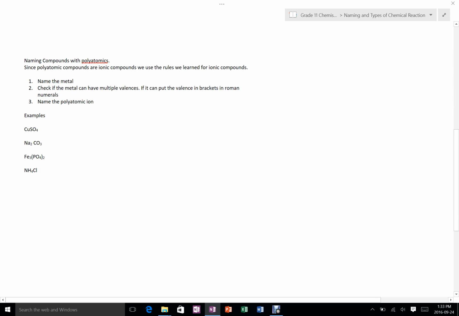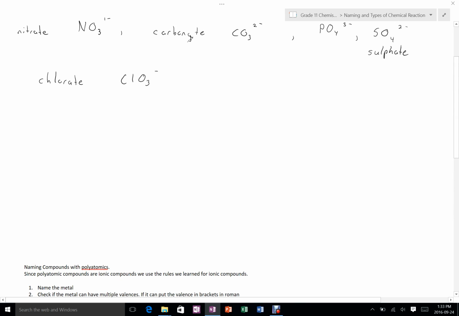Naming with polyatomics is essentially the same as naming for ionic compounds, except we're going to use the name of the polyatomic ion at the end of the compound. So when you see a polyatomic like SO4 here, or CO3, or PO4, then you should be able to name it. I did want to include one more common one. The one positive one you're going to run across somewhat commonly is NH4+, and that is ammonium.